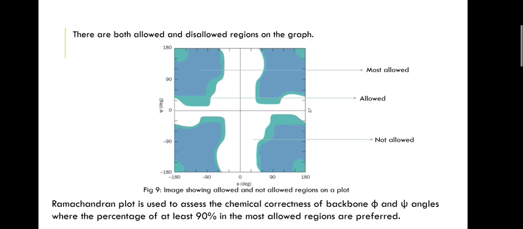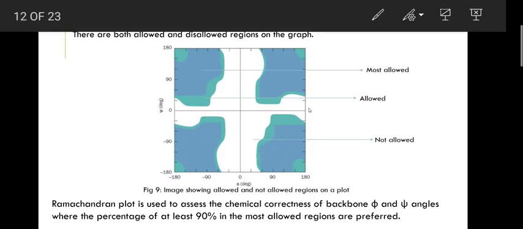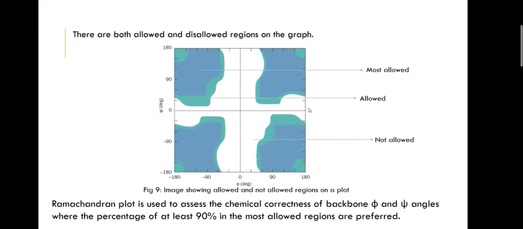Likewise, there are both allowed and disallowed regions on the graph. Usually, these are the areas where the plot is formed. Most of the time, this central part comes under the disallowed region.